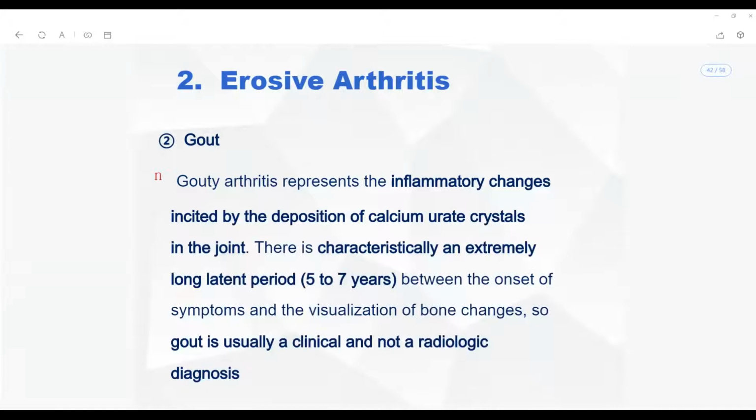If you are good with your biochemistry, you have to understand that there are so many conditions that cause this kind of problem related to purine metabolism.